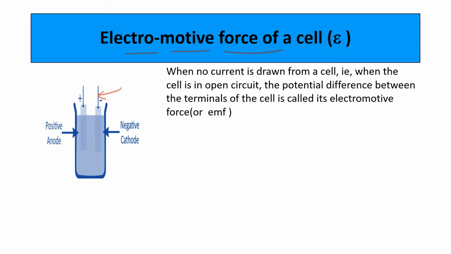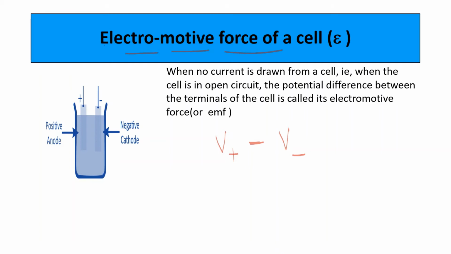This is positive and this is negative. Let V plus be the potential of the positive electrode or the anode and V minus is the potential of the negative electrode or the cathode. The difference between these two will be V plus minus V minus.